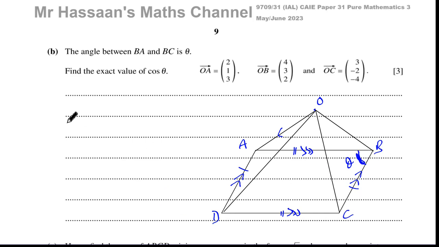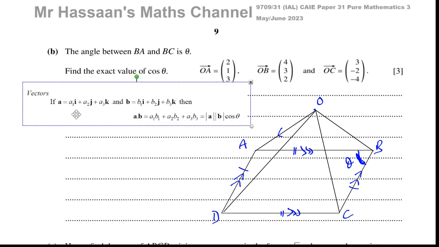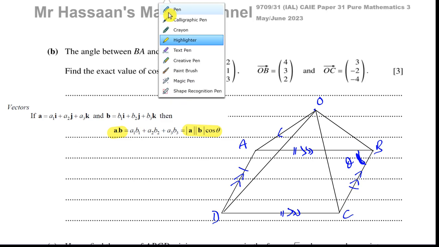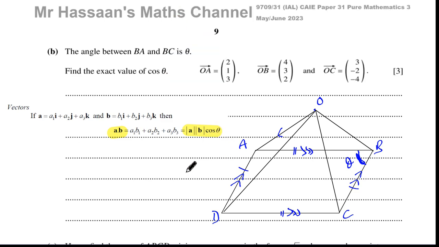So one of the formulae that we should know, and I think it's in the formula sheet, let me just confirm that. Here we have an extract from the formula sheet, and what we're interested in is this particular part. A dot B is equal to the magnitude of A times the magnitude of B times the cosine of theta.